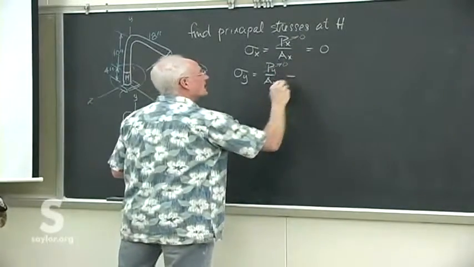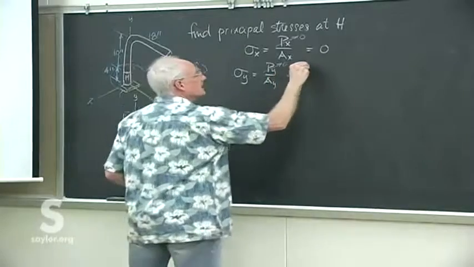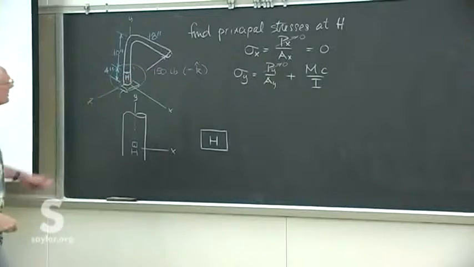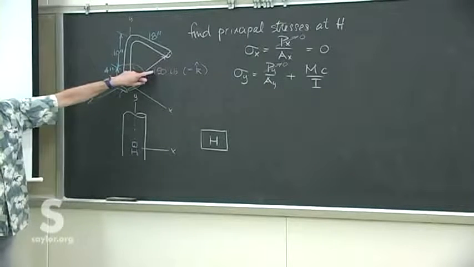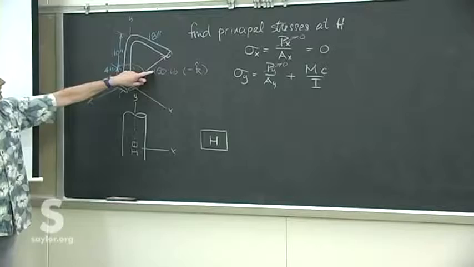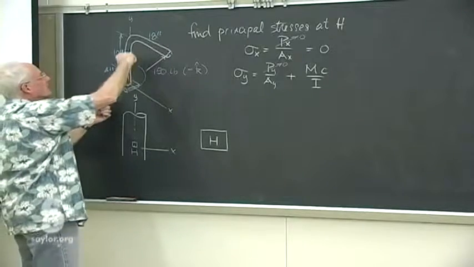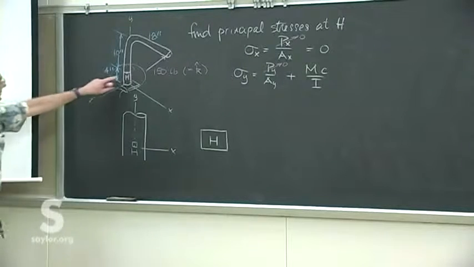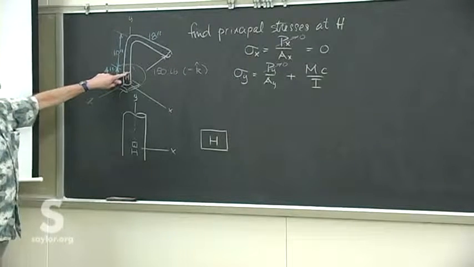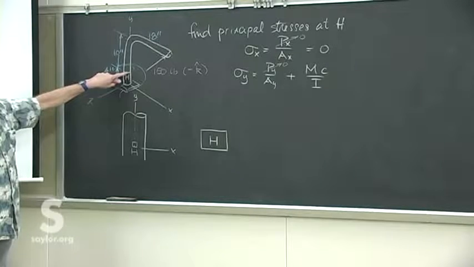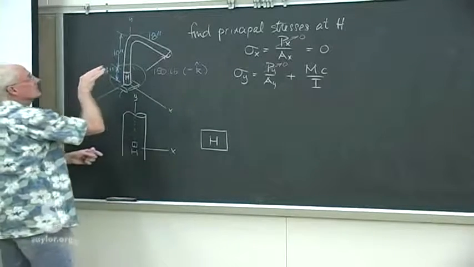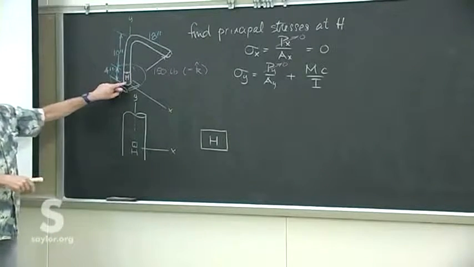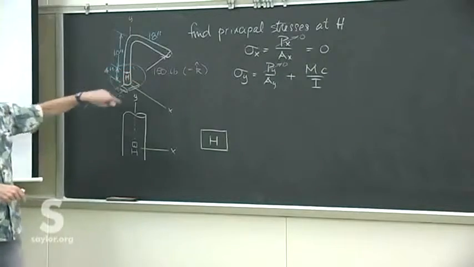However, we do have some bending because this 150-pound load is going to try to bend that upper piece over, which is going to put, well, by observation we see it's going to put this point at the front in tension, because it's going to try to push the back of this bracket over, which is going to stretch the front of the bracket and compress the back of the bracket because of this bending.